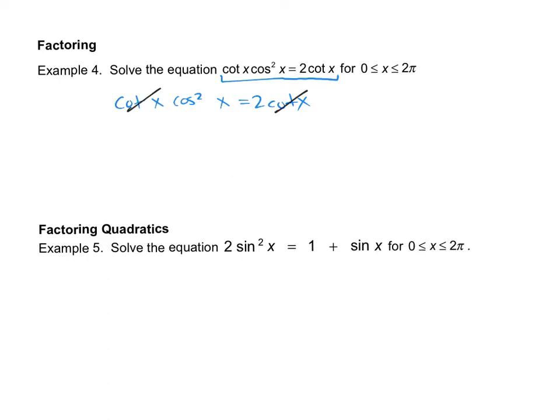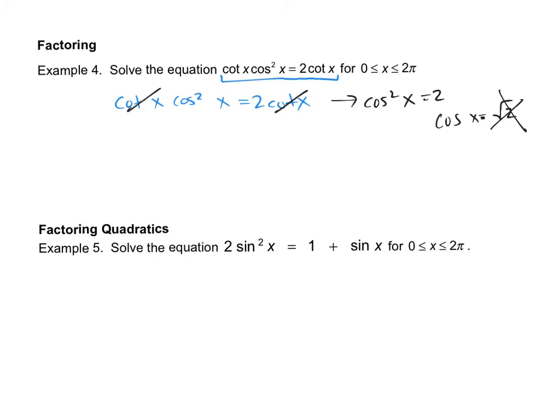But what that leaves us with is that the cosine squared of x equals 2, or that the cosine of x equals the square root of 2. But that is not in the domain of the cosine of x. That can't happen.